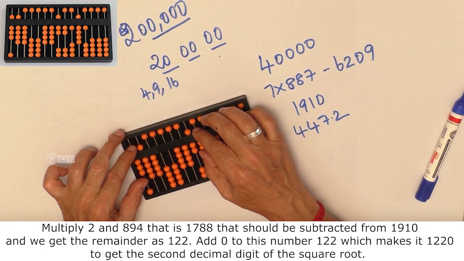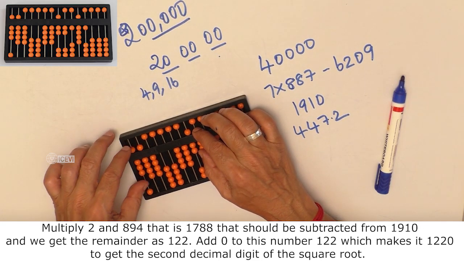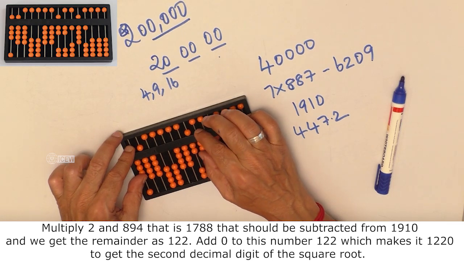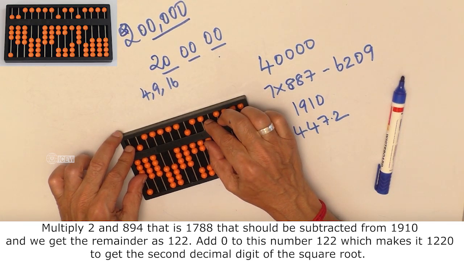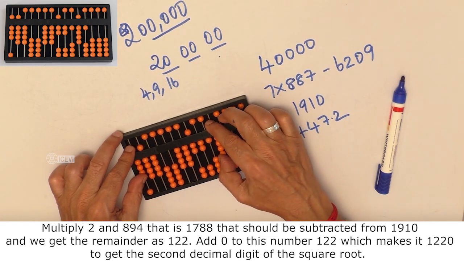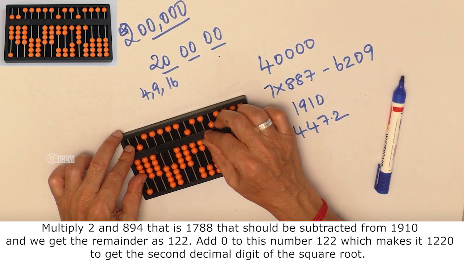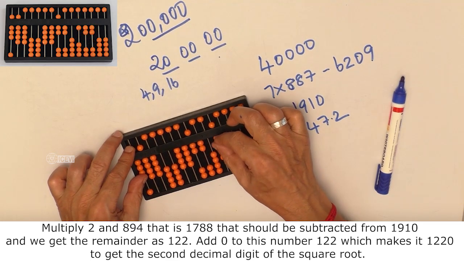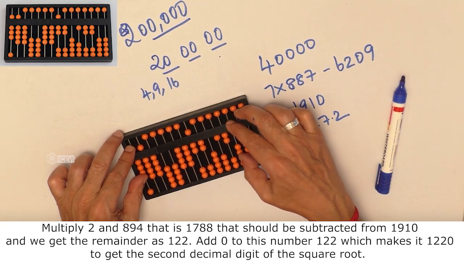Now multiply 2 with 894, that is 1788. That should be subtracted from 1910 and we get the remainder as 122.